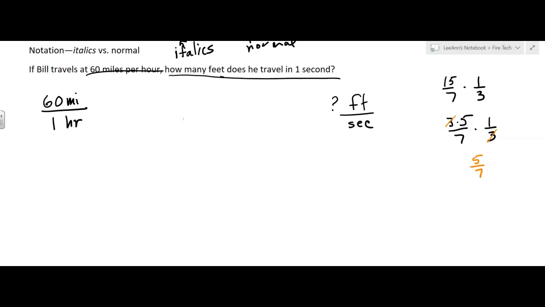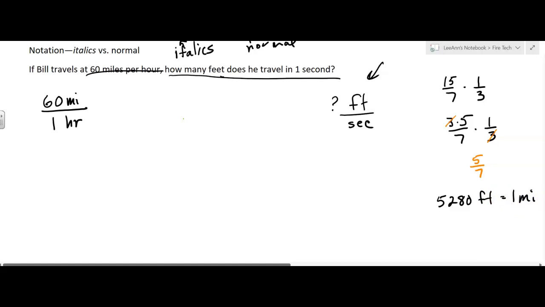Okay, so I have to know something about miles and feet. I want feet, right? Okay, well, I have to know how many feet are in a mile. So that's something I look up online, or maybe I just know there's 5,280 feet in 1 mile. So maybe I ask my friend, or maybe I just remember it. That's a good one to know.